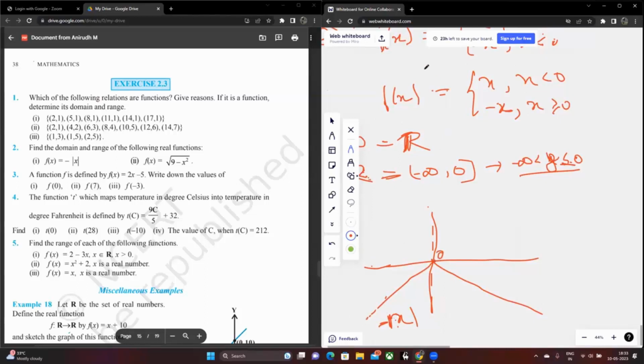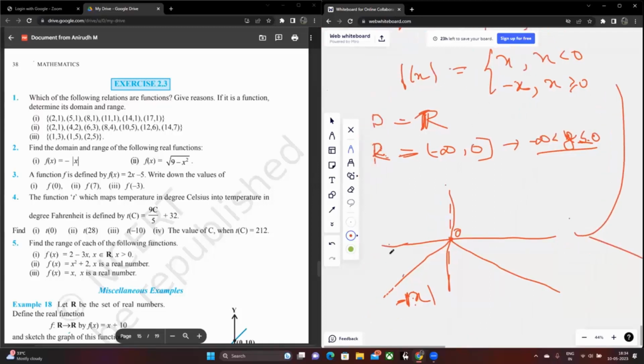So this is basically minus mod x, and this is the function minus f(x) split as two different lines. These two are equivalent. You can see that the function minus mod x is defined for every x here.